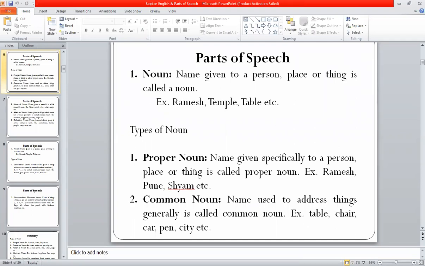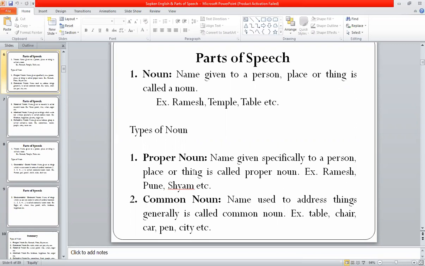They are called proper nouns because they are generally given specifically to a person, place, or thing. So when we use any type of noun for a specific purpose, then it is called a proper noun.